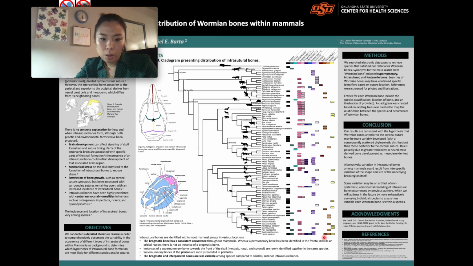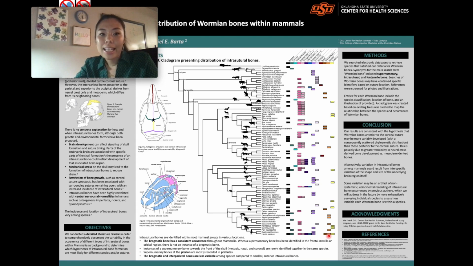Another result found was that instances of a Wormian bone towards the front of the skull, so metopic, nasal, and corona, have rarely been identified together in the same species. Supernumerary bones in the Tyrion right here, so the light orangey brown, have mostly been recorded in primates with an incidence found in the Canis species.